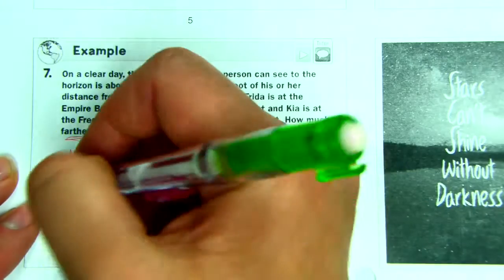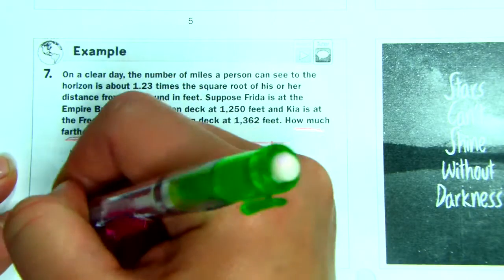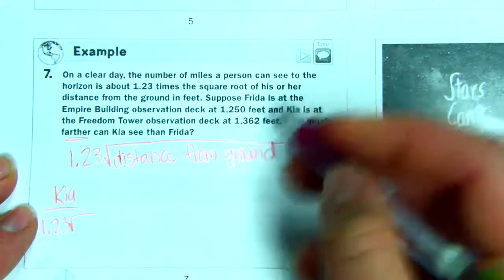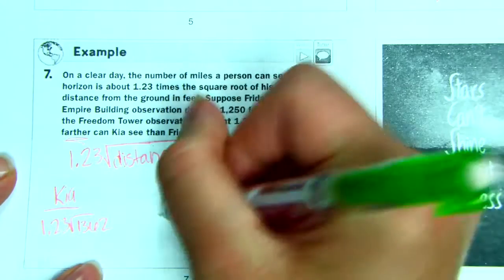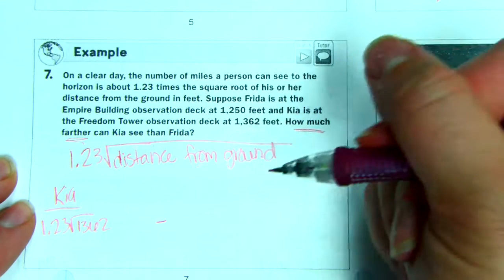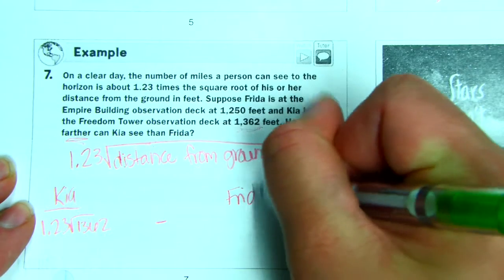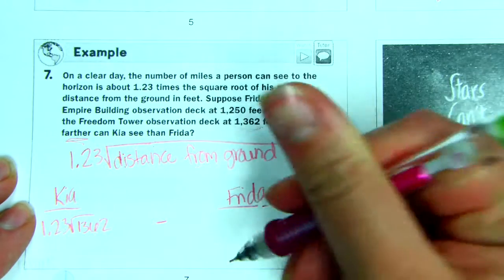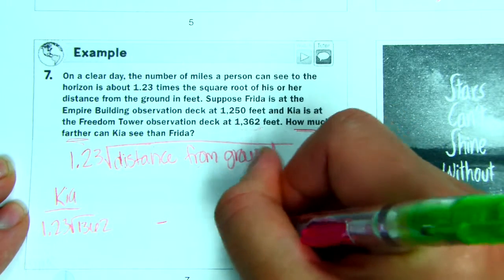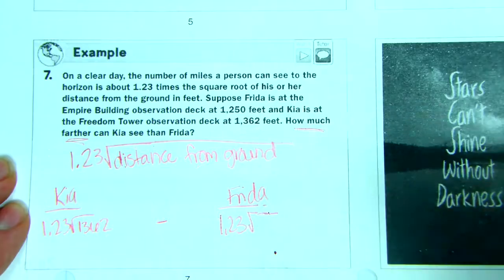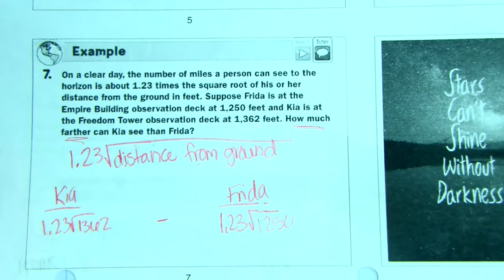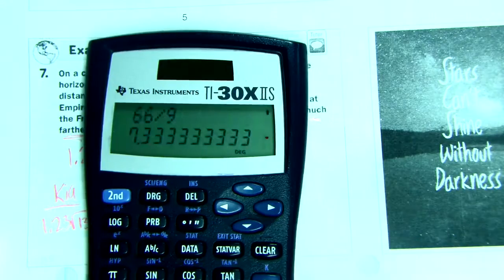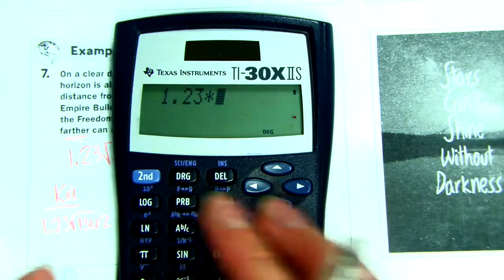So for Kia, it's going to be 1.23 times the square root of 1,362, minus Frida, which is 1.23 times the square root of 1,250.